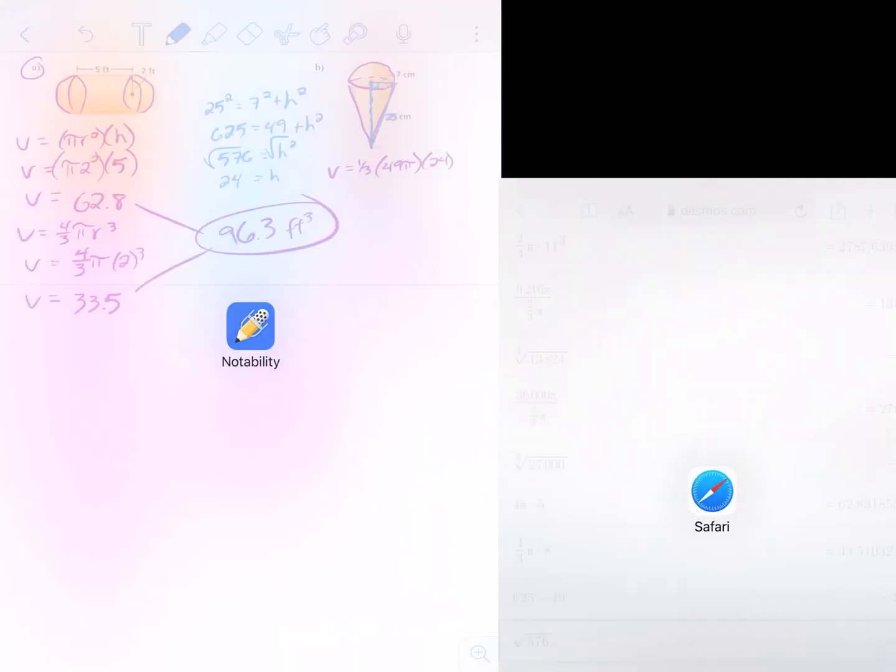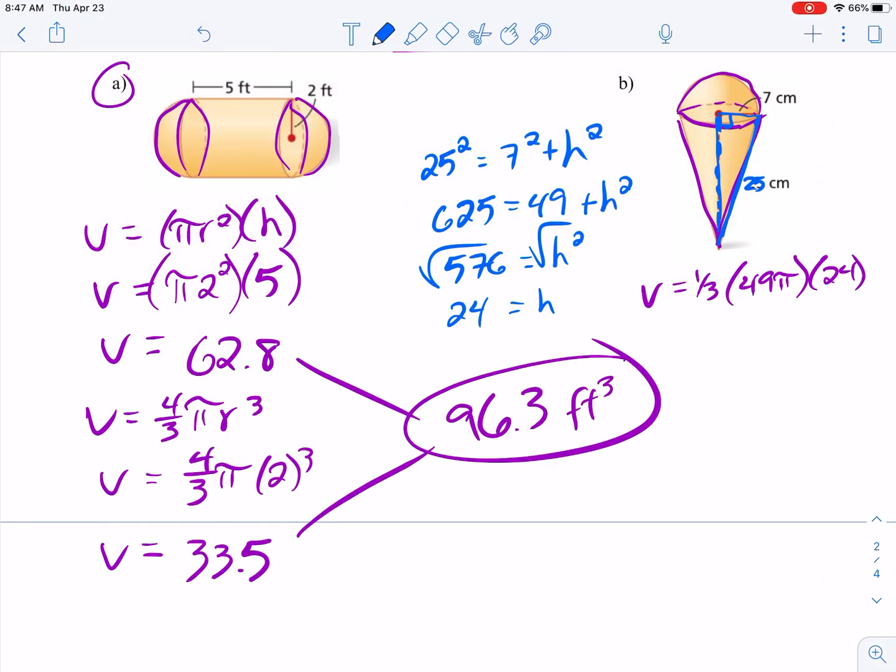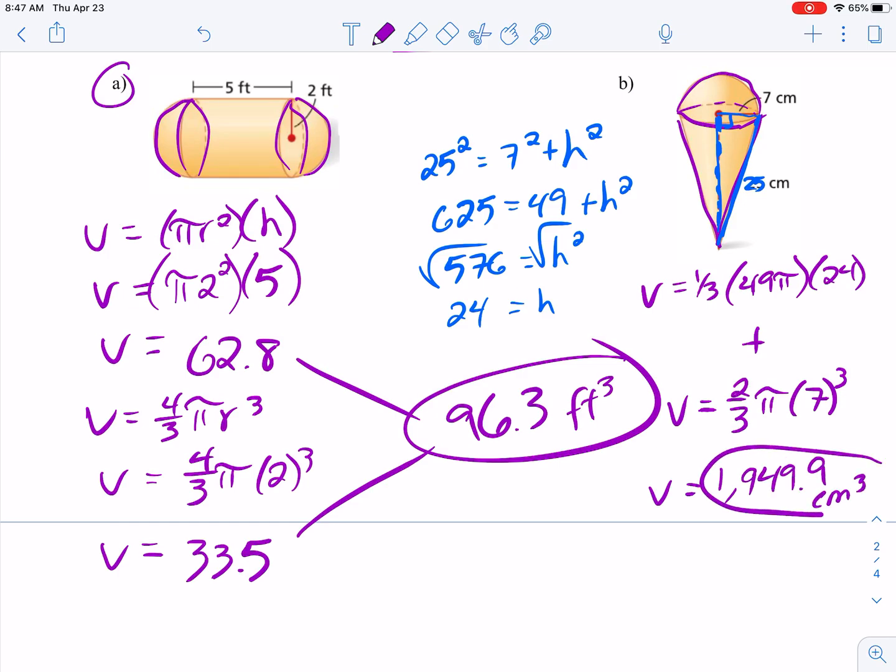Okay, great. And then we need to add the volume of the hemisphere, don't forget for hemisphere, that's 2/3 pi times our radius cubed. When we add both of these together, we get a final volume of 1,949.9 centimeters cubed.